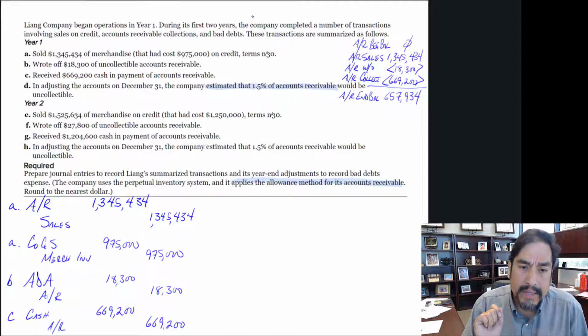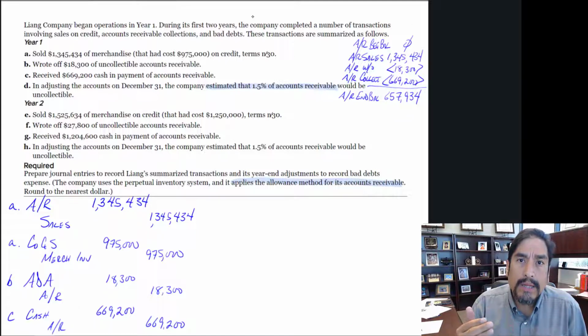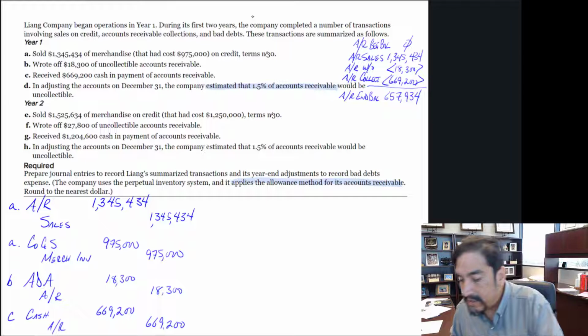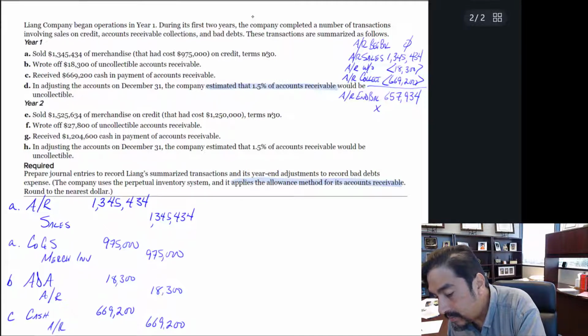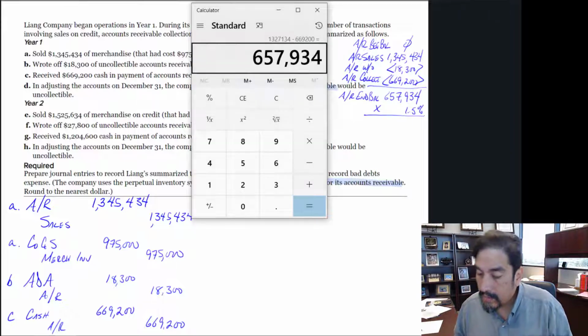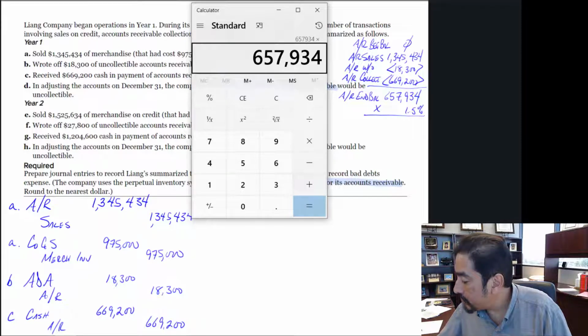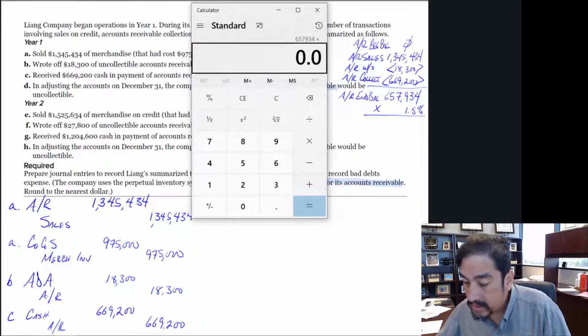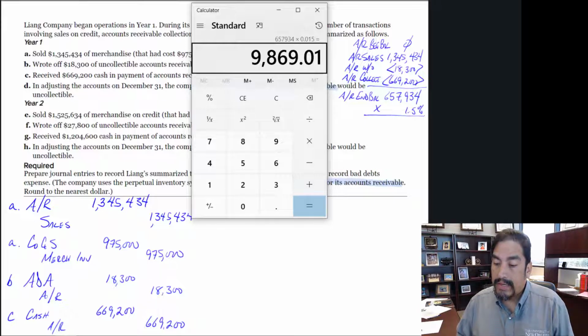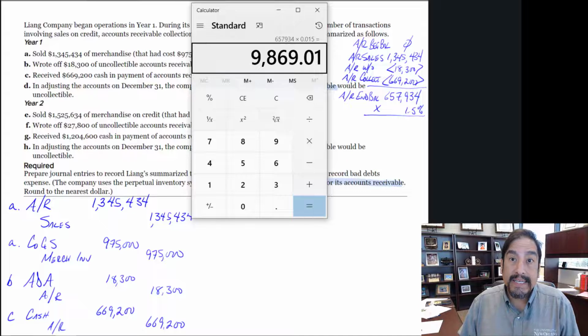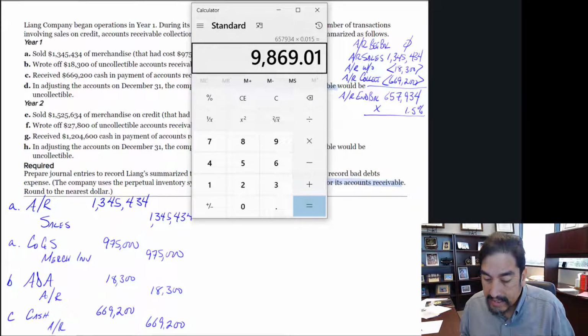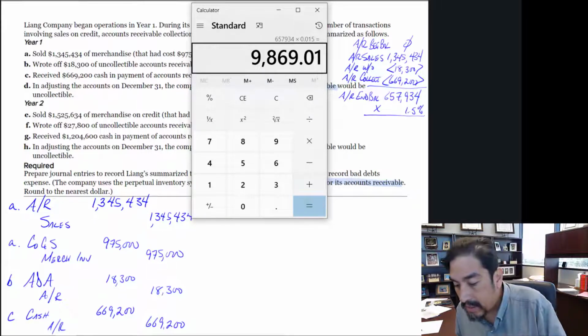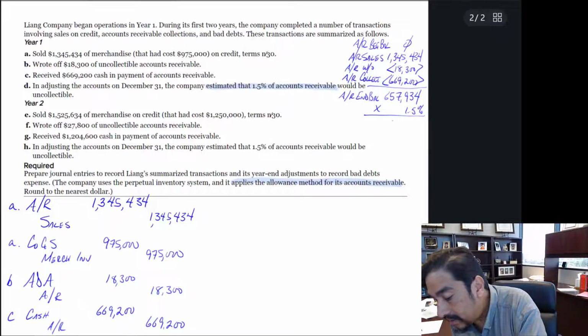The problem tells us that our estimate for uncollectibles is going to be 1.5% of that. So 657,934 times 0.015 is 9,869. It says round to the nearest dollar, so 9,869.